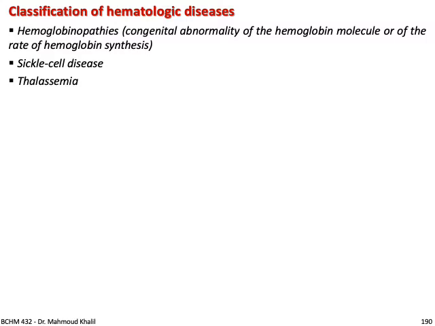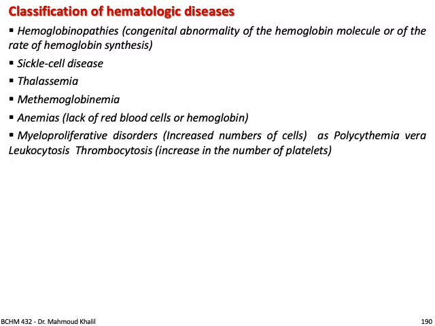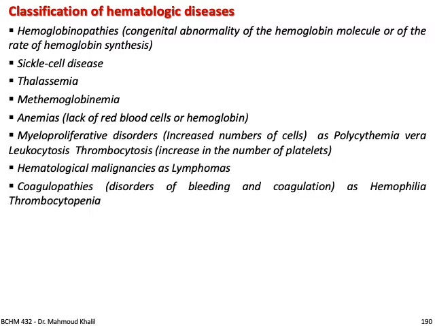We have sickle cell disease, thalassemia, methemoglobinemia, anemias, and myeloproliferative disorders, which means an increased number of cells, such as polycythemia vera, leukocytosis, and thrombocytosis, which is an increased number of platelets. Hematological malignancies such as lymphomas, and coagulopathies, which are disorders of bleeding and coagulation, such as hemophilia and thrombocytopenia.